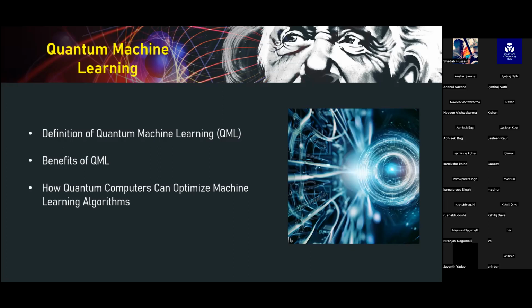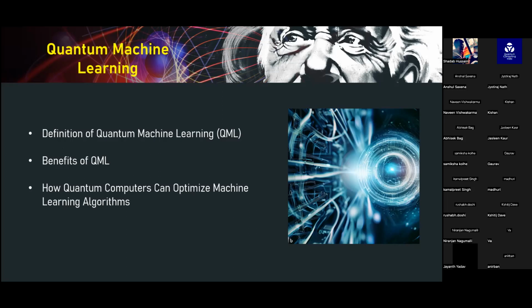We looked at the 2-3 properties of quantum computing which make it so useful for generative AI. And then we looked at the different types of quantum computers, like quantum annealers and quantum computers. And afterwards, we looked at what quantum machine learning is, what the benefits of quantum machine learning are, and how quantum computers can optimize the machine learning algorithms.